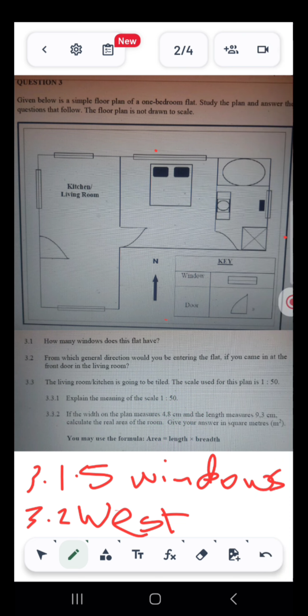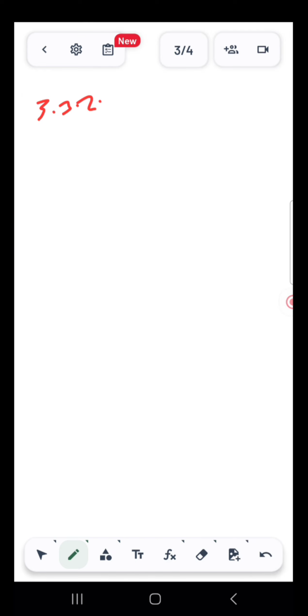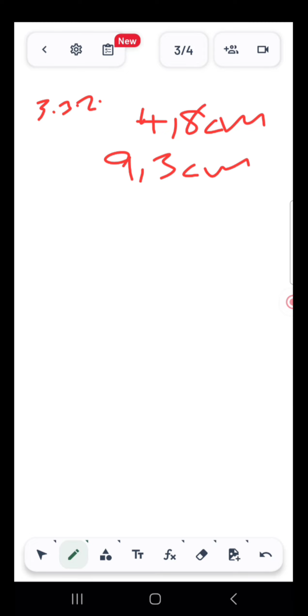So the first thing we must do is convert the 4.8 centimeters and the 9.3 centimeters into actual units, right? We need to convert these first because they want the real one.